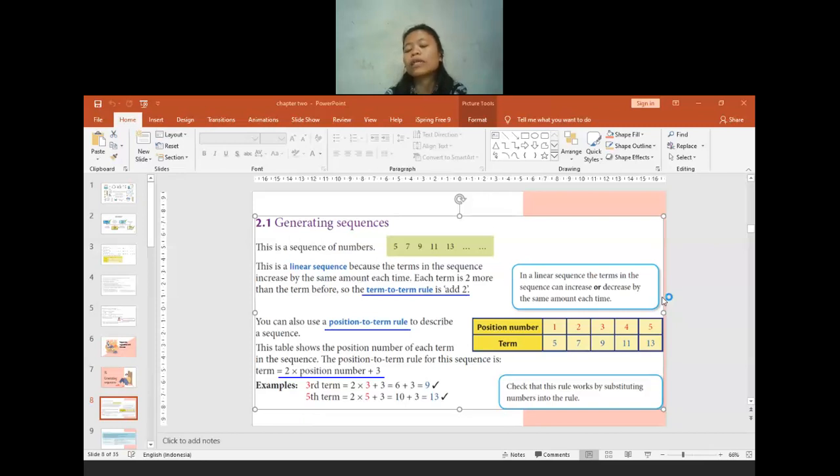Because the term to term rule is add 2, after 13 the next number will be 15. After 15, it will be 17, because the rule to change from one number to the next is add 2. Is it clear enough, or is the term to term rule making you more confused?